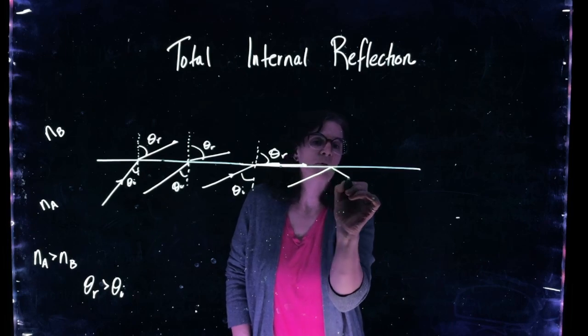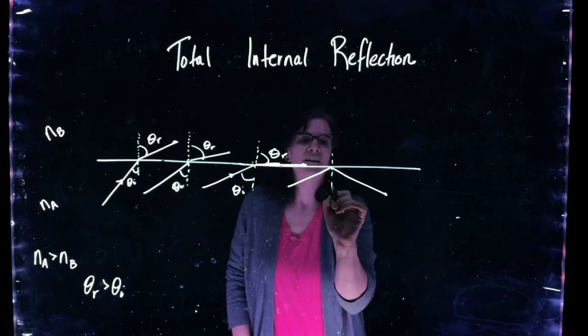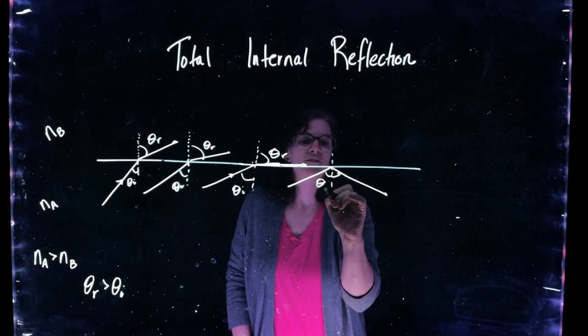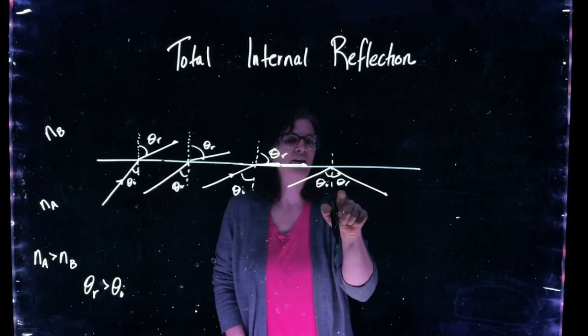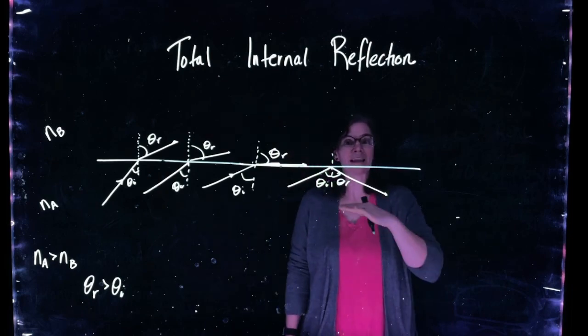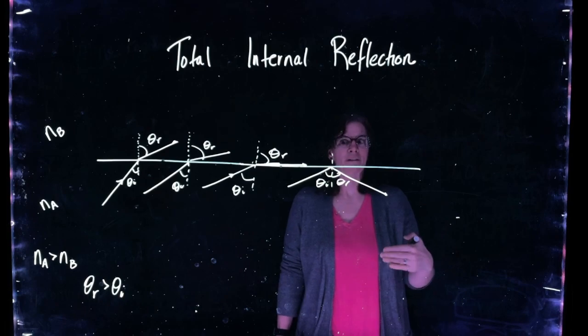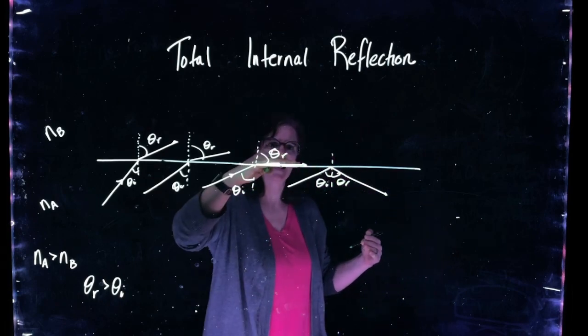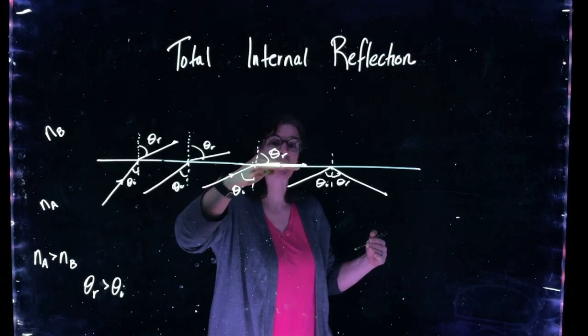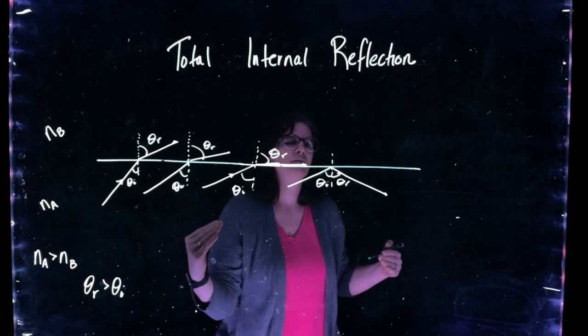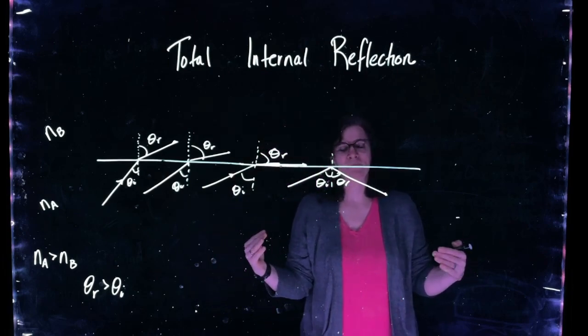Well, I end up with a reflection. So now that R represents reflection, I end up with the light ray being reflected rather than refracted. My refraction angle has hit 90 degrees, and if I go one smidge more, now it becomes reflection.